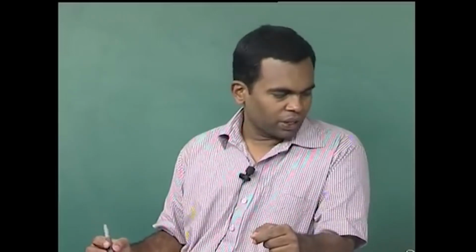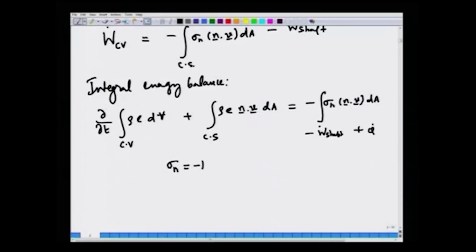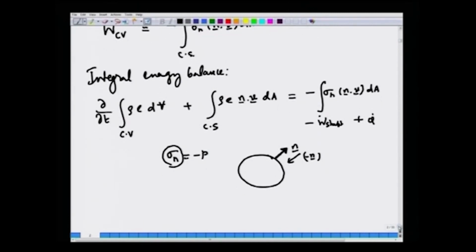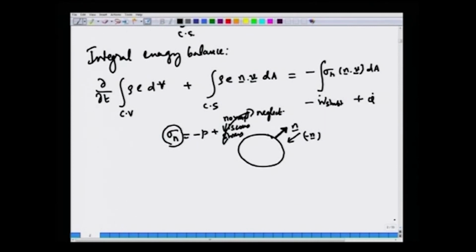Finally, you also know that sigma n is minus p. If you remember our very first discussion on hydrostatics, if n is pointing outwards, then pressure is acting in the direction of minus n. So, this is the normal component of the stress, but pressure is acting in the direction of minus n, so sigma n is minus p. We also pointed out in the last lecture that there are normal viscous stresses, which are usually negligible in fluids like air and water.